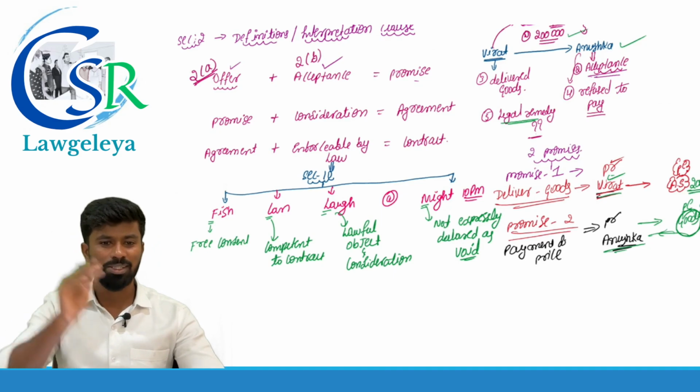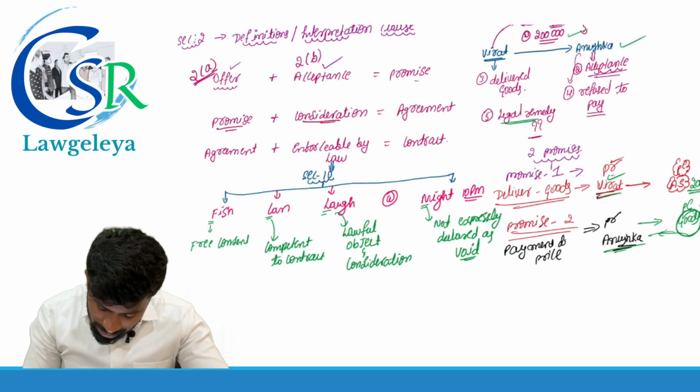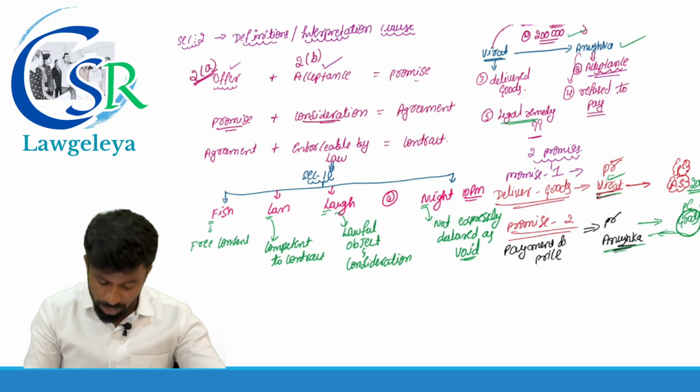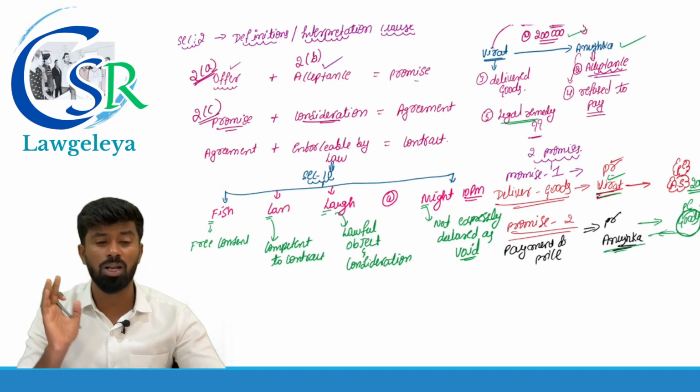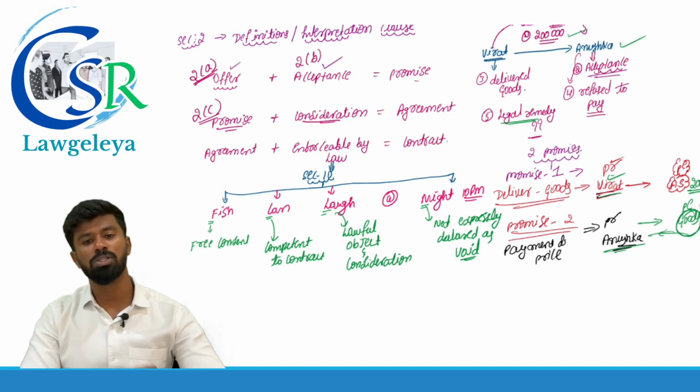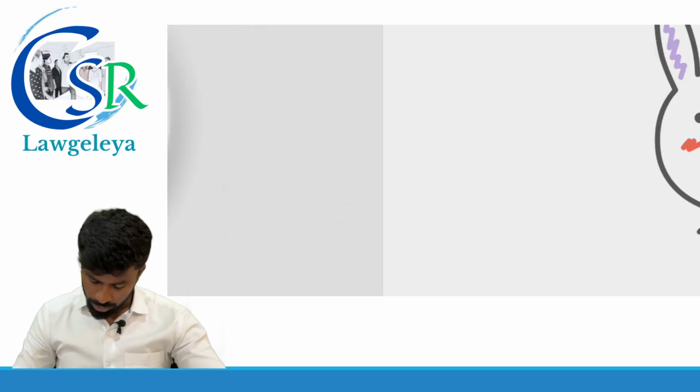So offer plus acceptance becomes a promise. And promise plus consideration becomes an agreement. So section number 2, subclause C defines the word promiser and promisee. Who is promiser? The one who makes the promise is called the promiser.